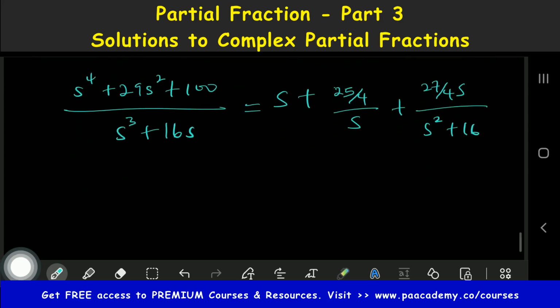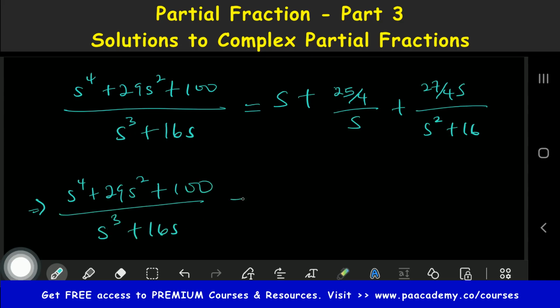But we can't leave our answer like this, so our final answer will be s squared plus 29s squared plus 100 over s cubed plus 16s. The proper way is, our final answer will be s plus 25 over 4s plus 27s over 4 into brackets s squared plus 16.